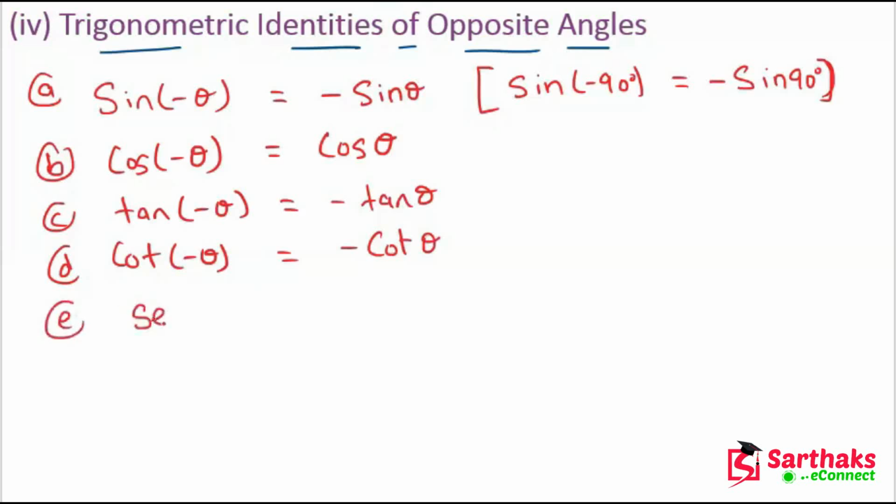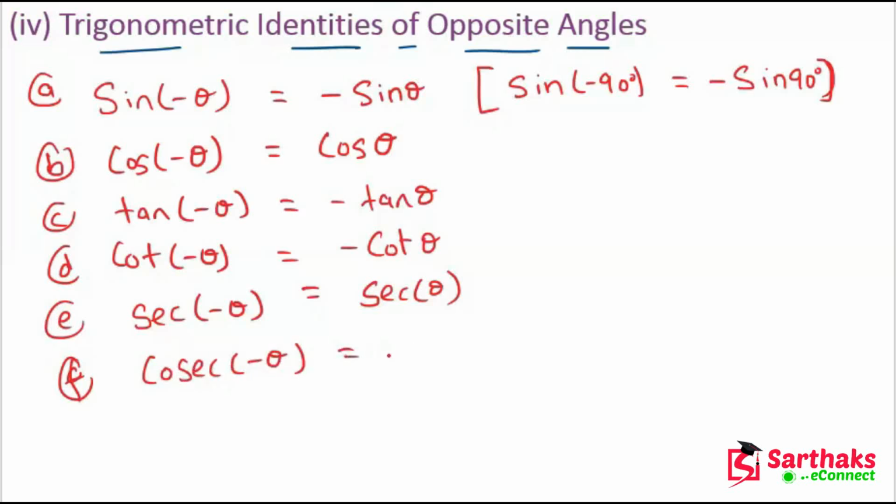And sec minus theta, similarly like cos theta, it will become sec theta, it will consume the negative sign. Cosec minus theta will become minus cosec theta. So they are trigonometric identities of opposite angle.